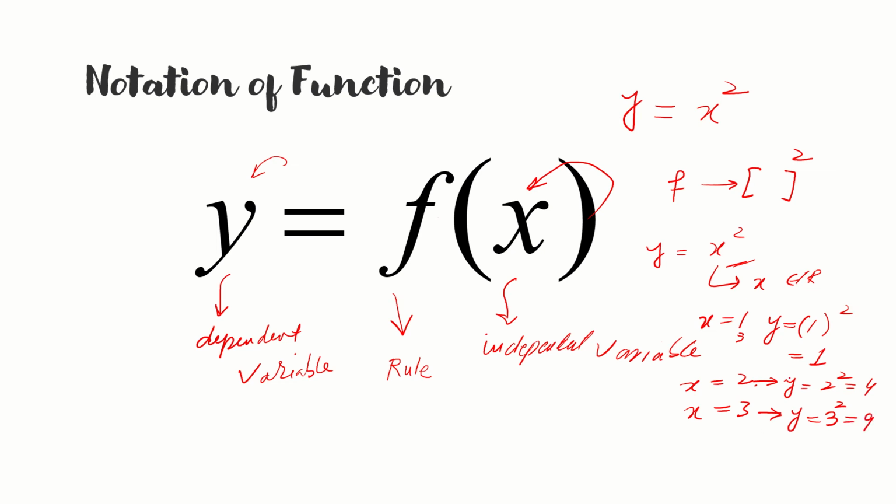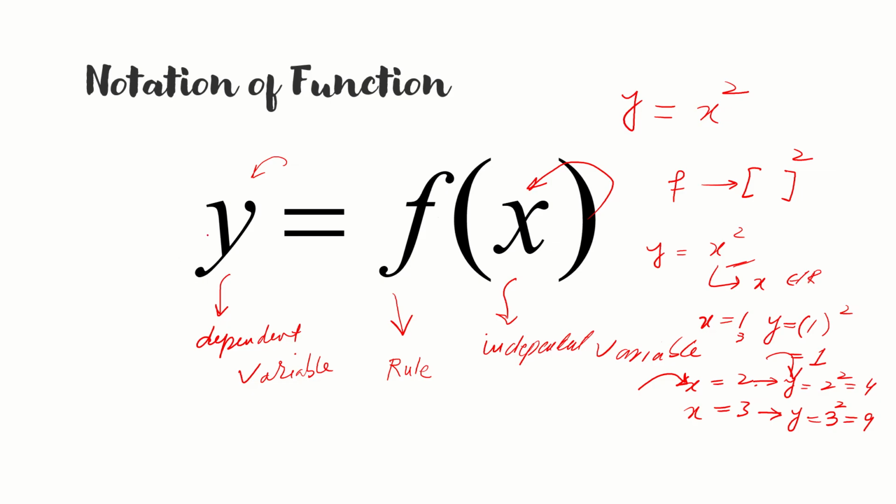That's why we call y a dependent variable, whereas x is the independent variable, because we are free in the selection of x, whereas y depends on the value of x. So that's why we have a dependent variable and an independent variable, where f is the rule.